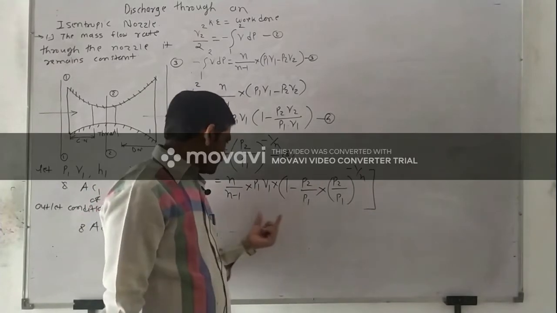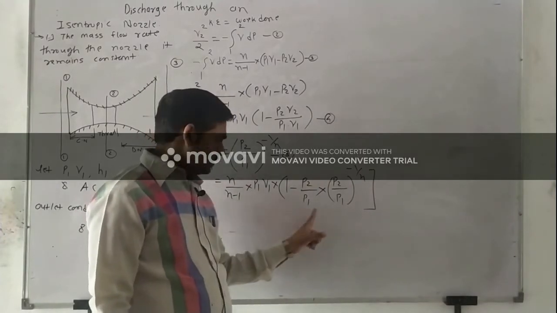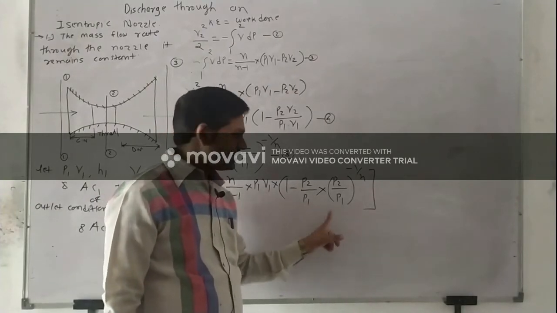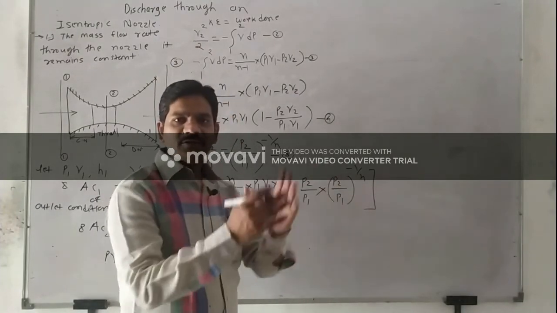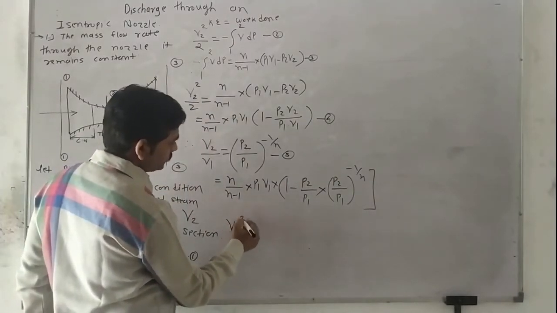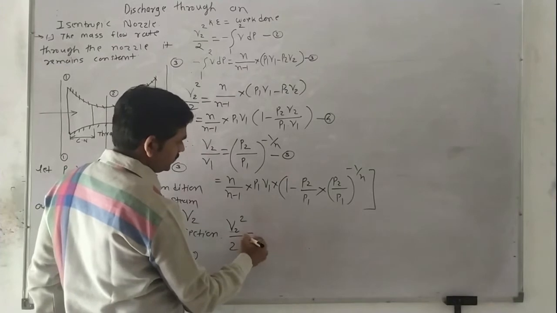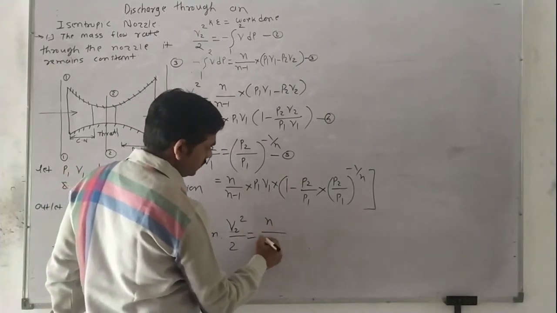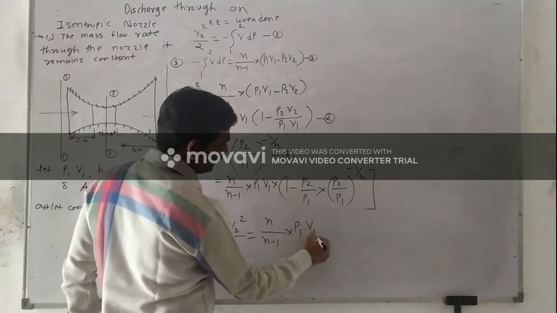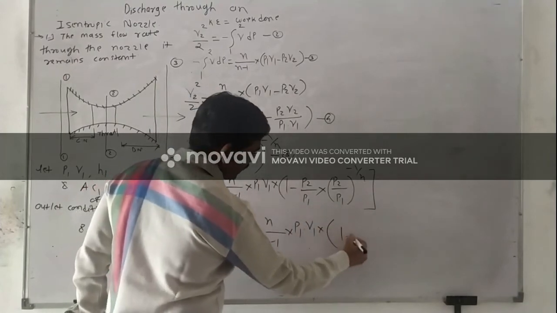Okay. So once again we solve this equation. These bases are the same, so we know the mathematical rule: if bases are the same, the powers are added. So what is remaining? V2 square upon 2 is equal to n upon n minus 1 into P1 into V1 into 1 minus this.